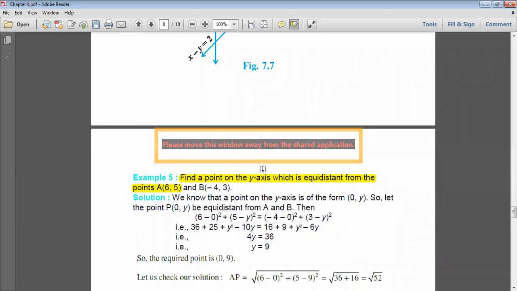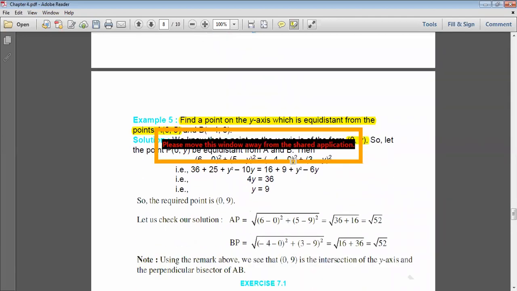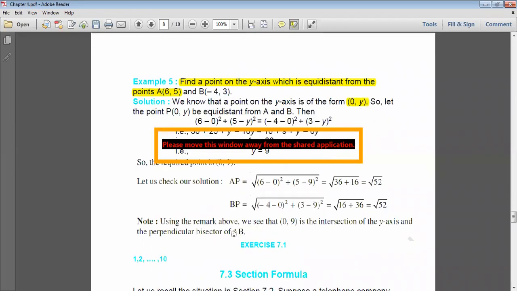How can you write it? It is 0, y. Clear? See, what about a point which lies on the x-axis? x, 0. In the same manner, you can do this one.